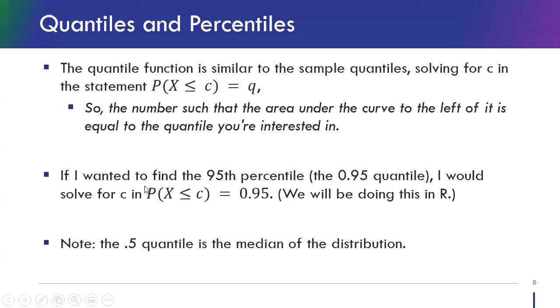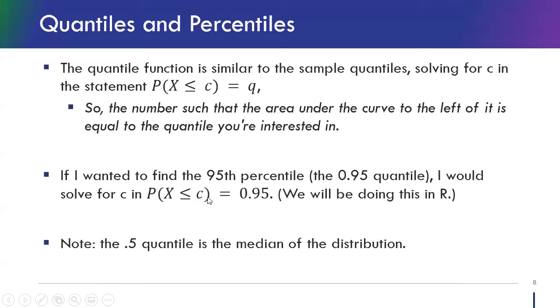So for example, if you want to find the 95 percentile, which is also the 0.95 quantile, we would look for c which satisfies this condition. So this 0.95 is the quantile, and we'll do this in R. You will see this more clearly.